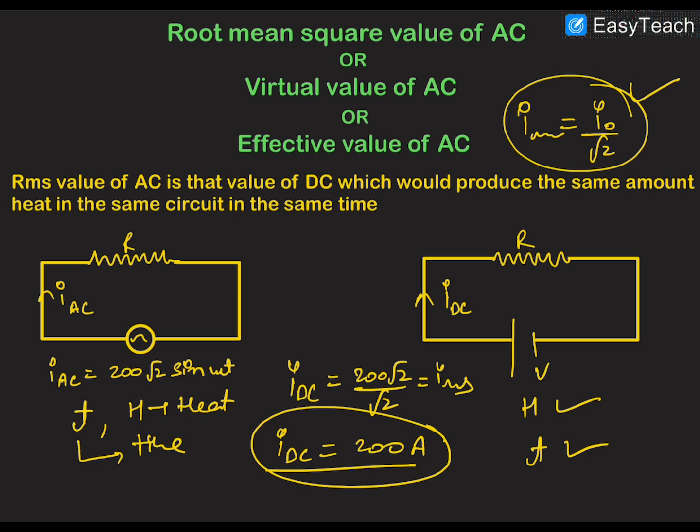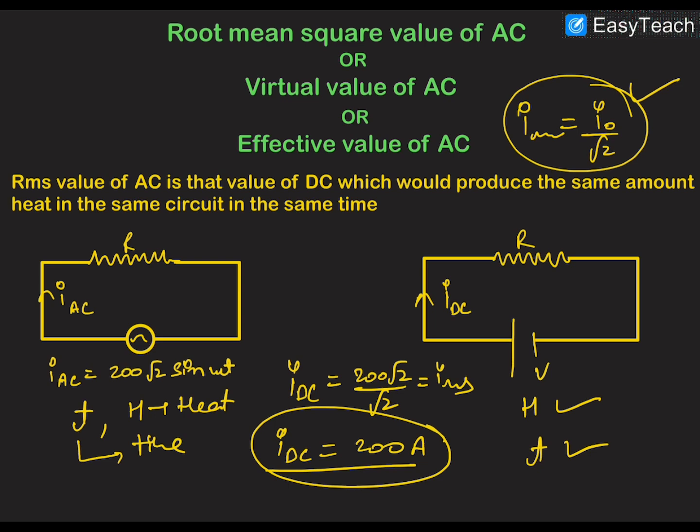You would be coming across some words which say that we are using an AC ammeter or AC voltmeter. So an AC ammeter or AC voltmeter measures the heat developed in the circuit, and proportionally they report the current. So if you connect an AC ammeter to an AC source, then obviously it would read the RMS value of current, and if you connect this AC ammeter to DC, then obviously it would read the same DC value of current which is already flowing in the circuit.